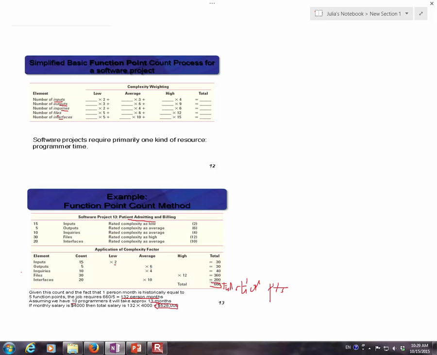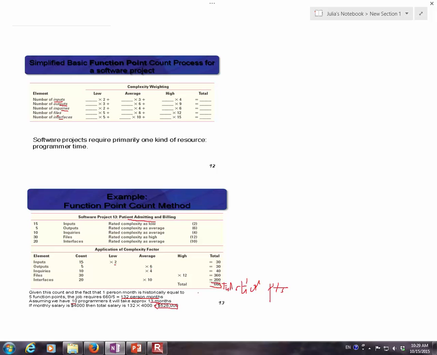Then you can go on to fill in the table and total them up to get the overall total. So you add them up to get 660 function points. Remember, the unit is function points. Remember, 1 person-month is equal to 5 function points.